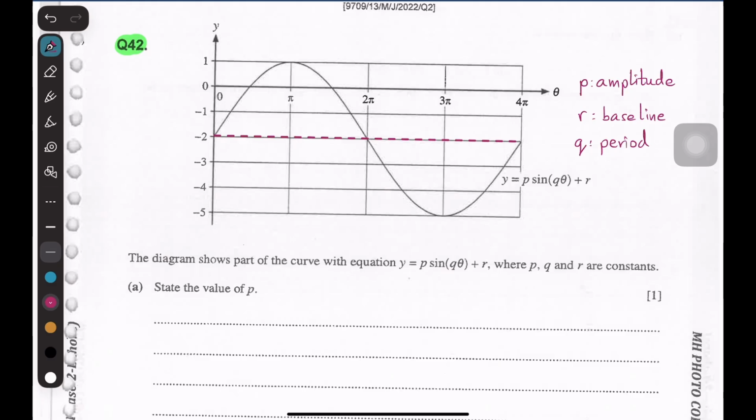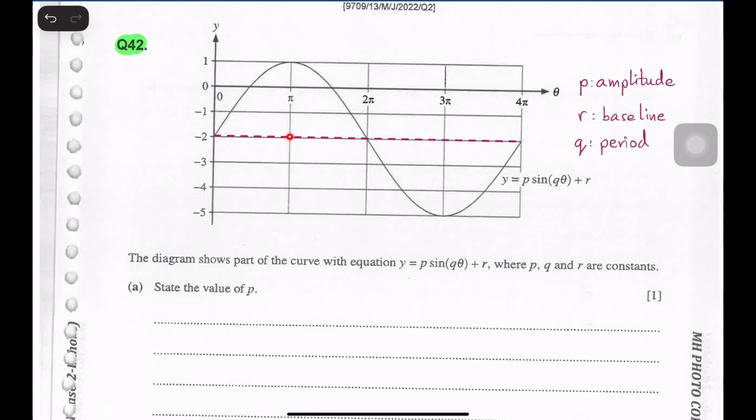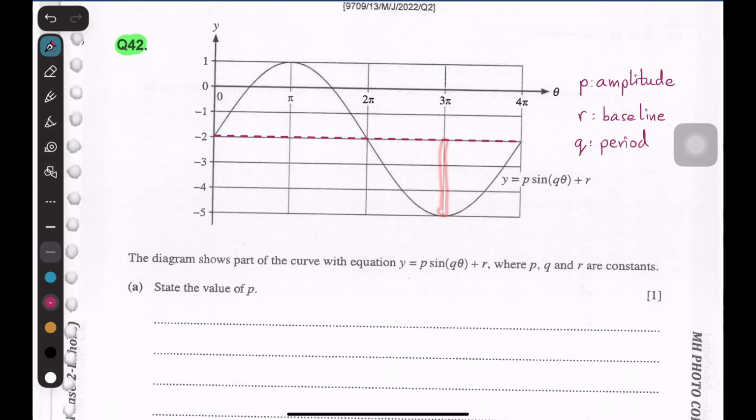Amplitude is the number of units that the graph goes above the baseline or below the baseline. So if we go above the baseline, the maximum number of units is 3, and below the baseline, the maximum number of units is also 3. So the amplitude will be 3, and the answer for P will be 3.